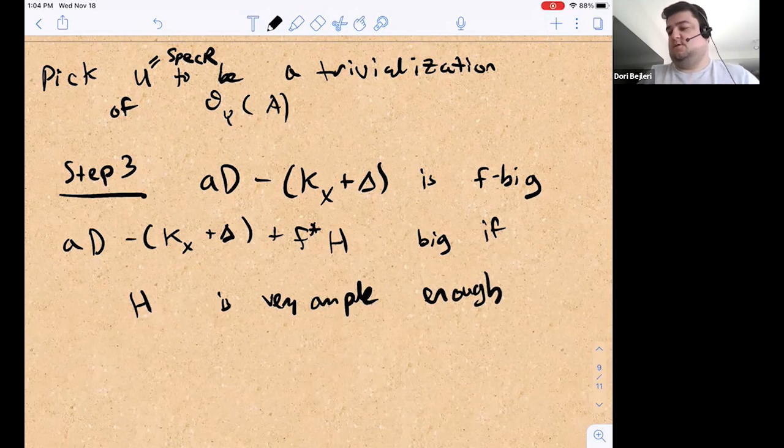So essentially, what's going on here? Well, F big means that the rank of the pushforward of our line bundle grows like the dimension of the fibers.